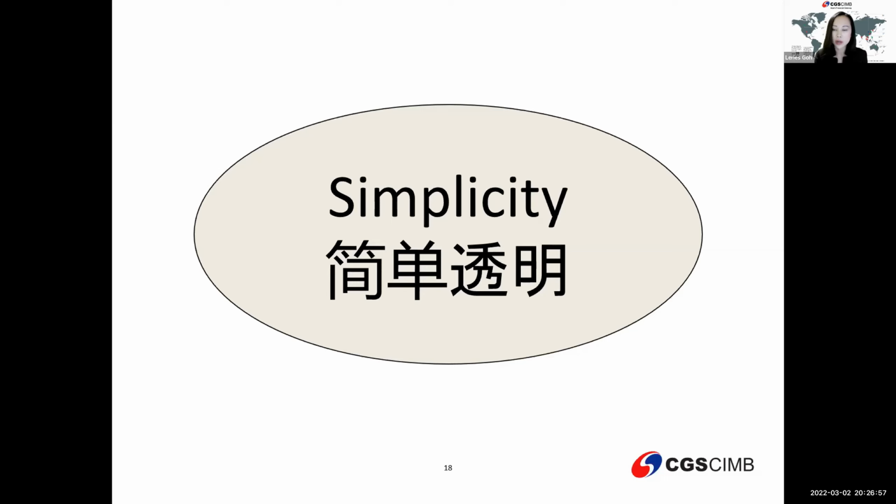Whether we use it or not, of course, we have to make a judgment ourselves, based on our risk profile. But most importantly, it is the understanding of it before you decide whether you want to use it or not.